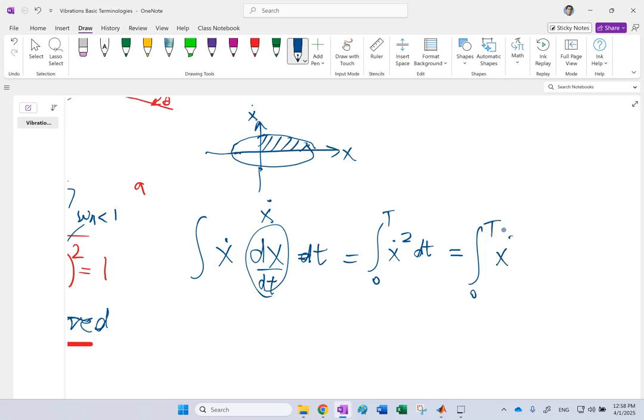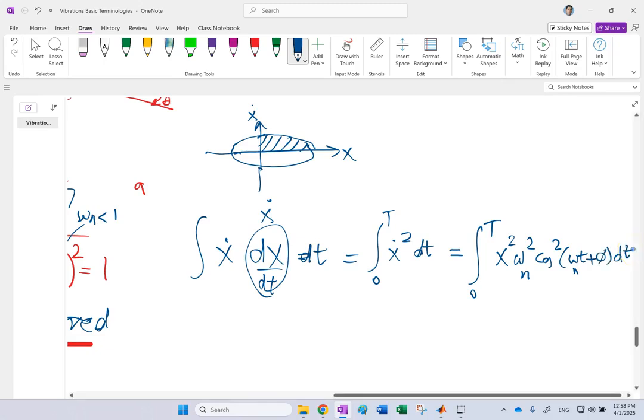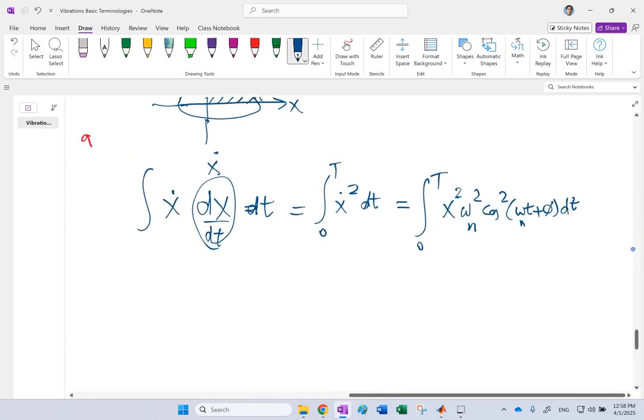Magnitude squared of oscillation, x squared times omega n squared, right? And then cosine squared of omega n t plus phi dt. That is the kind of thing that I'm integrating.